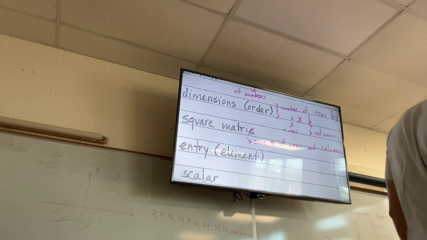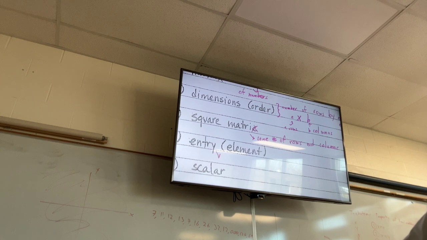An entry is just one of the numbers. A scalar is a real number that's not part of a matrix.